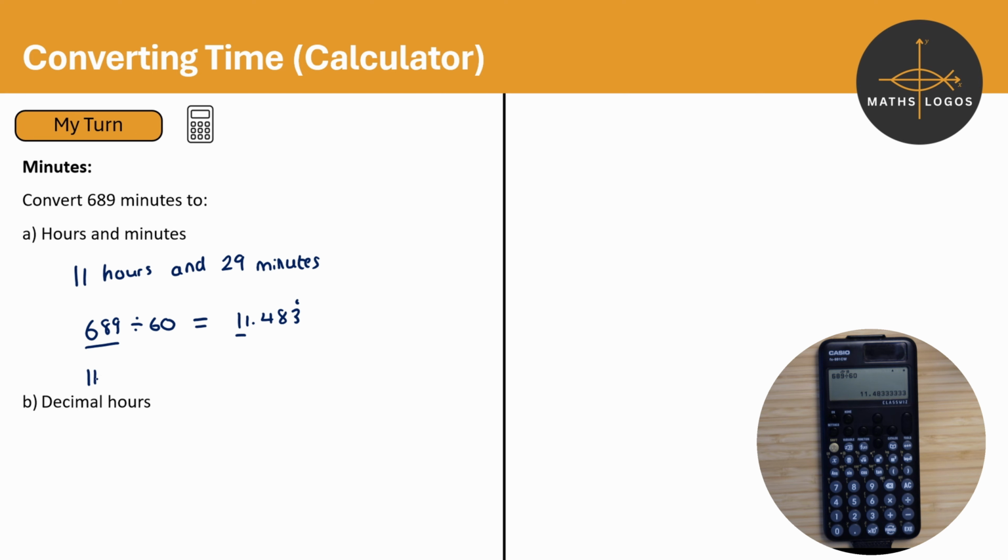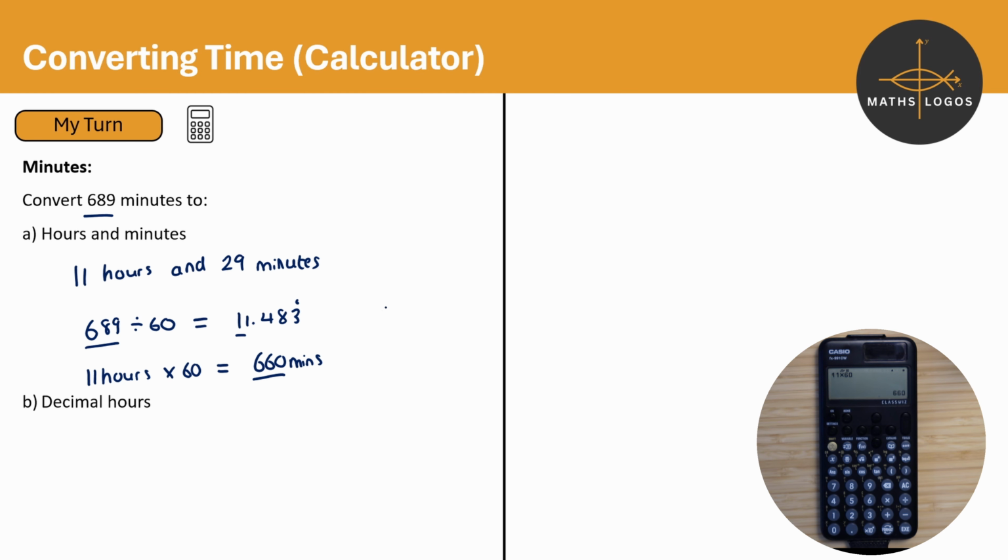What I can then do is work out what 11 hours is in terms of minutes by multiplying by 60. So I'll do 11 multiplied by 60, and that takes me to 660 minutes. And all I want to do is see, well, what's left over if I have 689 minutes and I take away 11 hours, which is my 660 minutes?